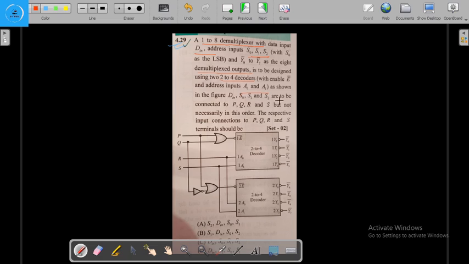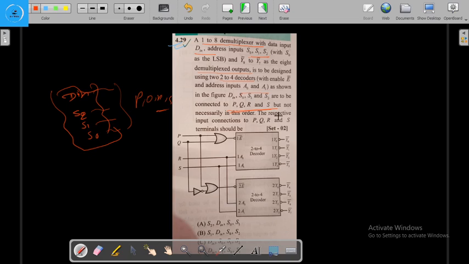In the figure, D in, S0, S1 and S2 are to be connected. So we have three inputs, the D in and S2, S1 and S0, and it is asking in which order we are going to connect these with P, Q, R, S, but not necessarily in this order.